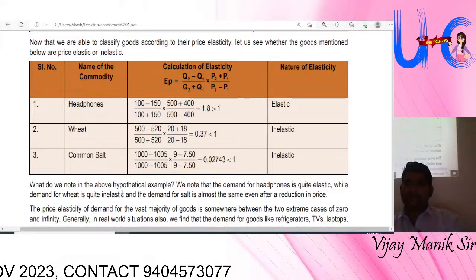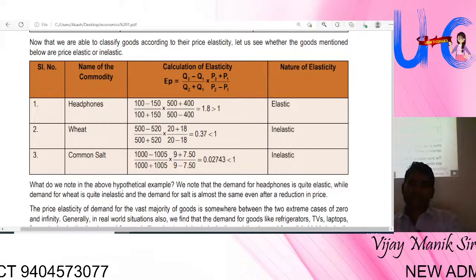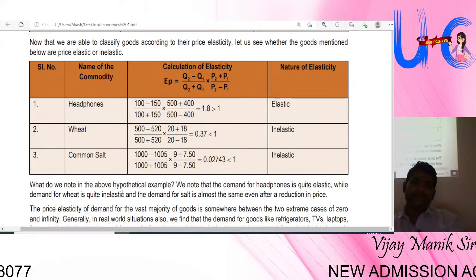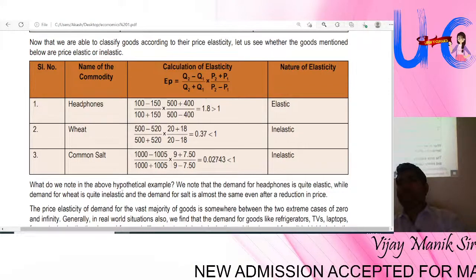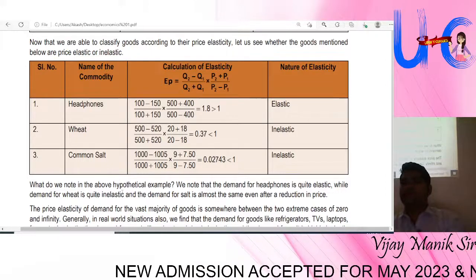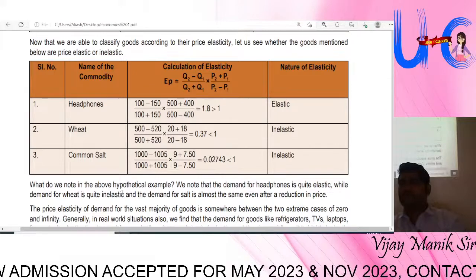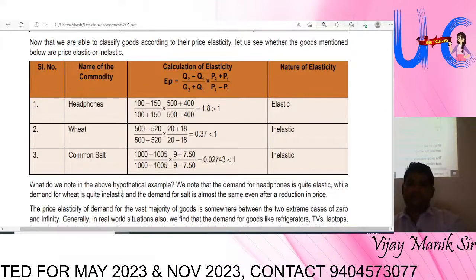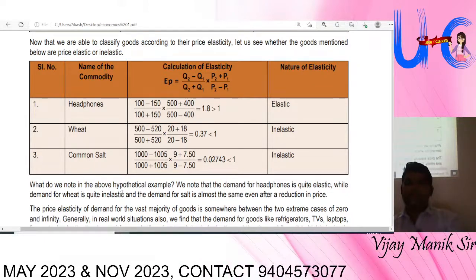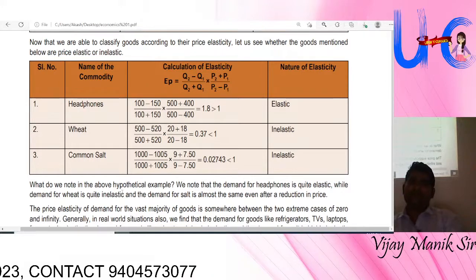Okay, the price of the headphones. 100, 150. What was the price of that headphones? 150 or 100? 100. Okay. Equation is given here. Calculation of elasticity. Whether it is elastic, inelastic. Okay.